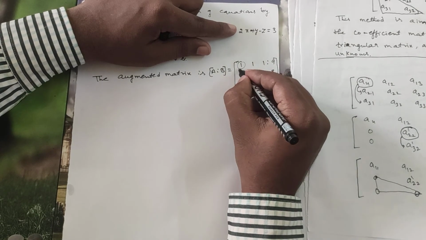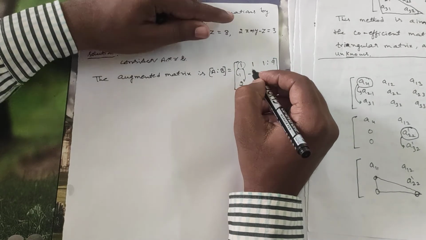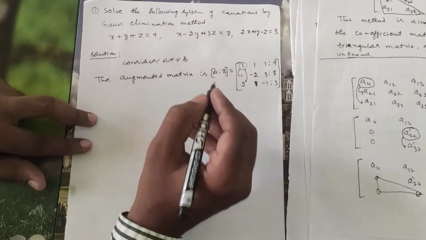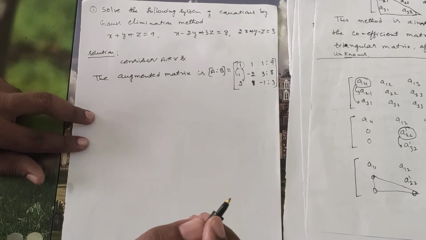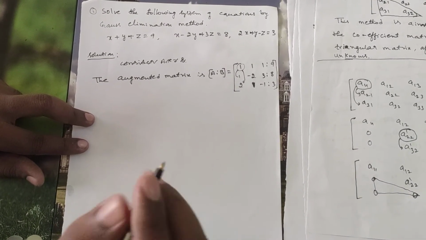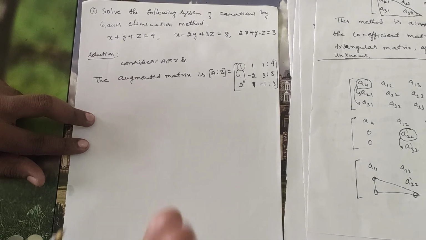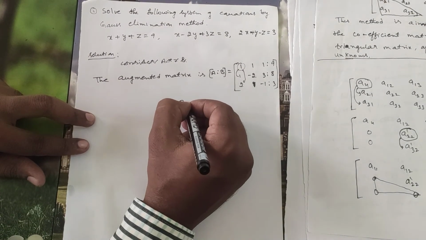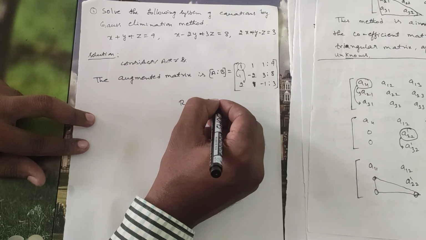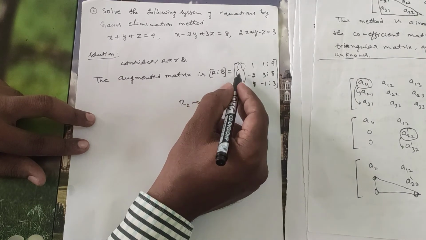Now here using R1, make R2 and R3 first element 0. So what are the row operations you have? R2 minus R1, 1 minus 1 will get 0.